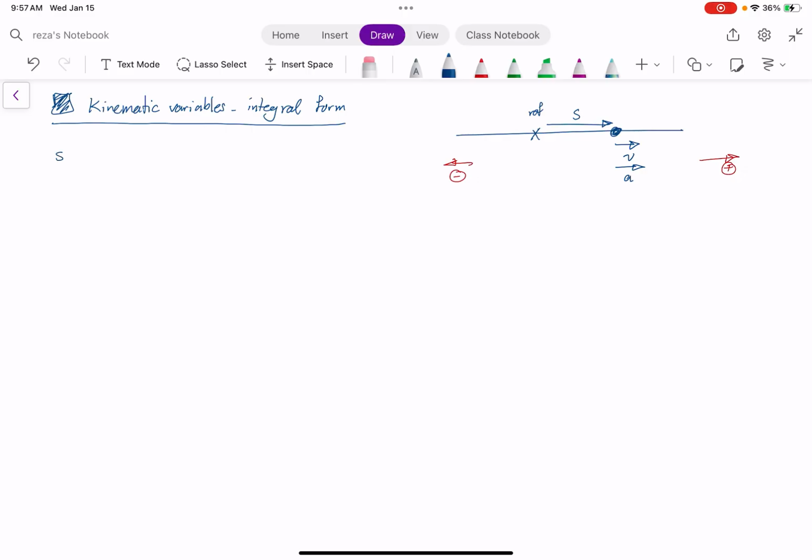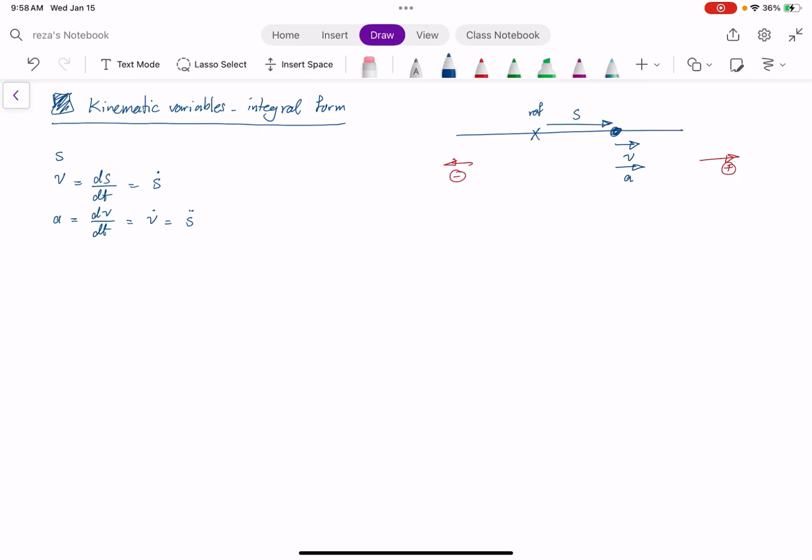You had s as position, and then we saw velocity was the rate of change of position, how fast the position is changing. So ds over dt, or we called it also s dot. Similarly, acceleration was the rate of change of velocity, how fast velocity is changing, and that is dv over dt, or we called it v dot, or because v is the derivative of position, acceleration becomes the second derivative of position.